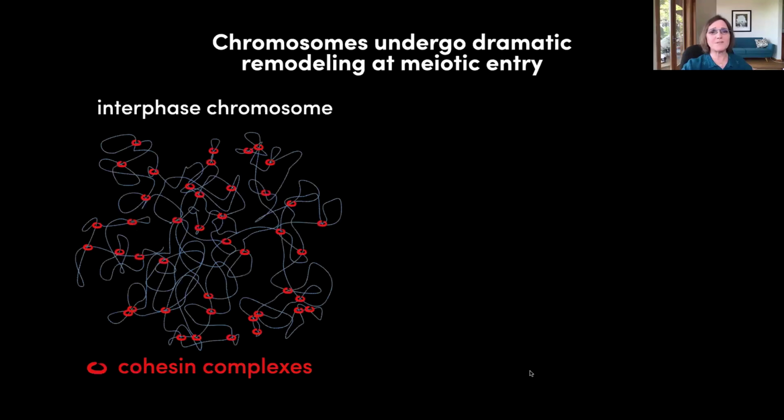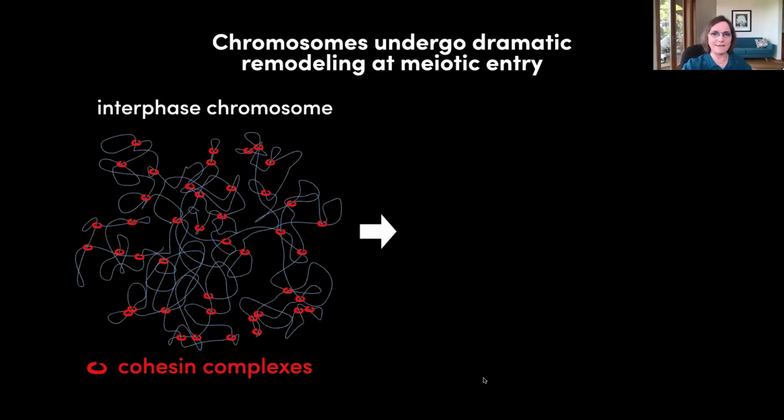And I was drawn to meiosis initially because I'm very interested in chromosome structure, and there's so many interesting things that happen to chromosomes during meiosis that we still don't understand. One of them is that chromosomes at the beginning of meiosis undergo a major structural rearrangement.